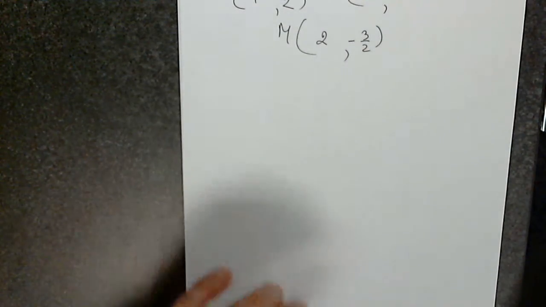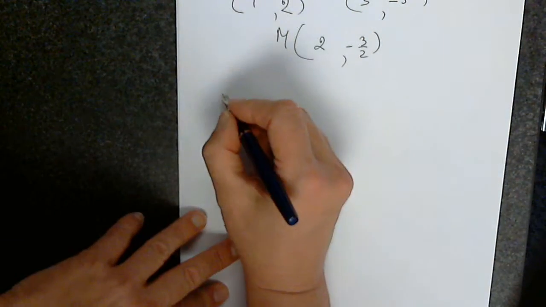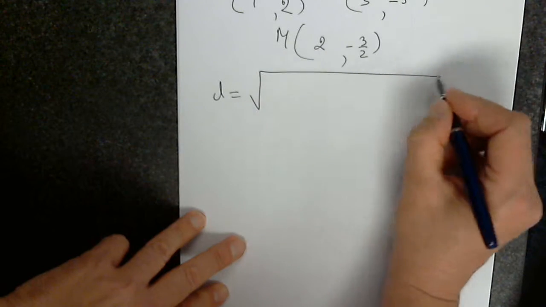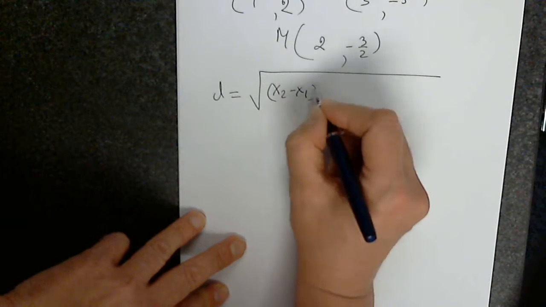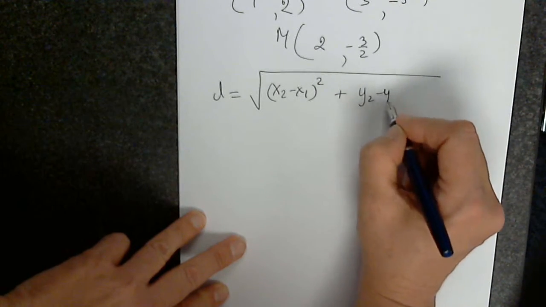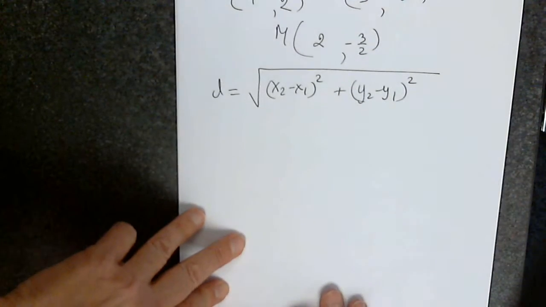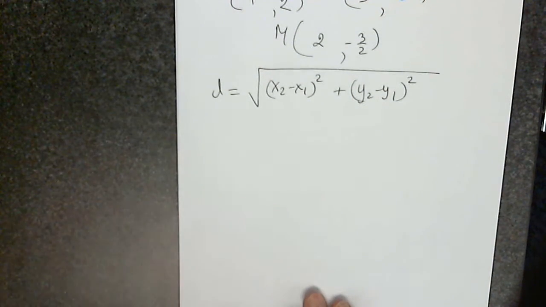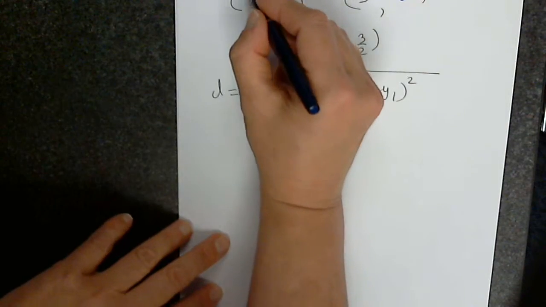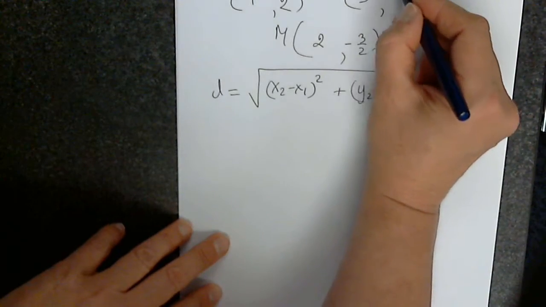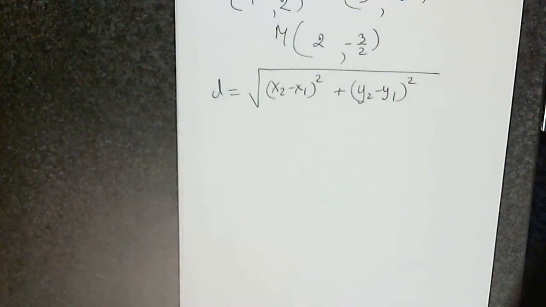Now we're asked to find the distance. I'm going to write the distance formula as x2 minus x1 squared plus y2 minus y1 squared. I am going to label the points as x1, y1, and x2, y2.